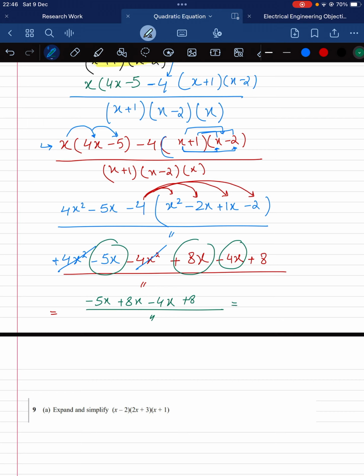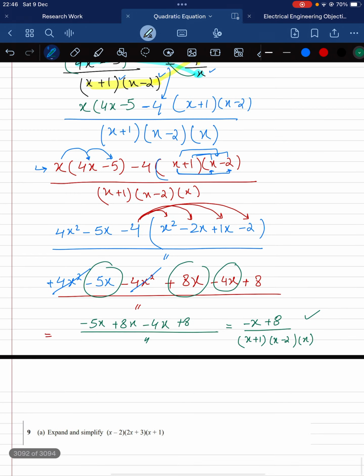So it will become minus 5 plus 8, it will give you plus 3, minus 4, it will give you minus x. You can put it on the calculator, you can solve it. Minus x plus 8 over the denominator, x plus 1, x minus 2, and x. This is your final answer.